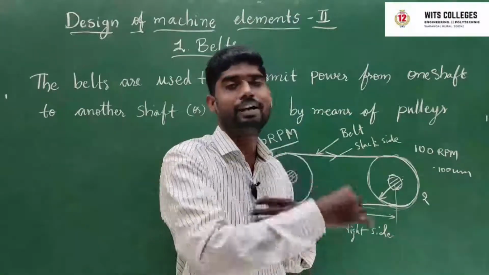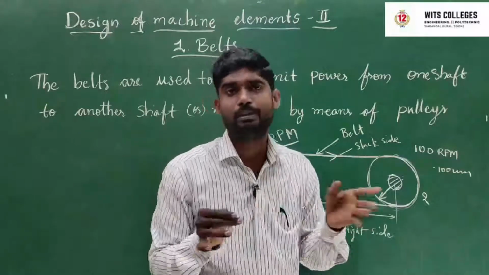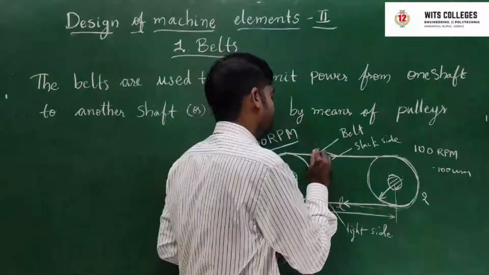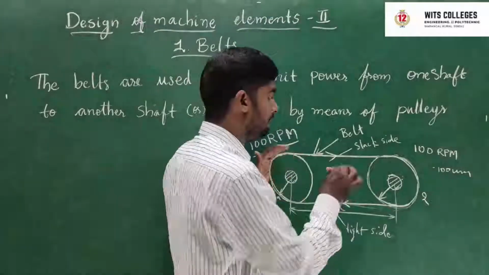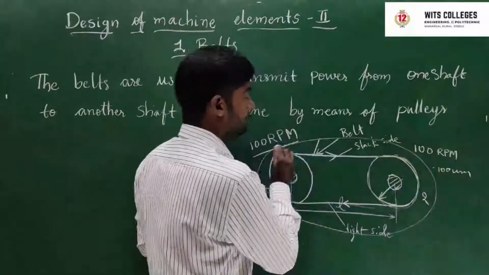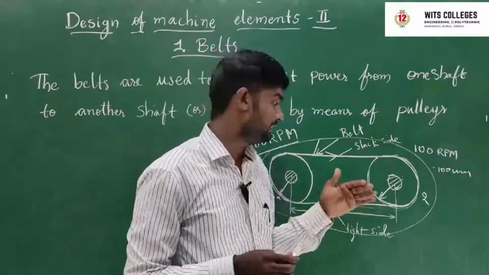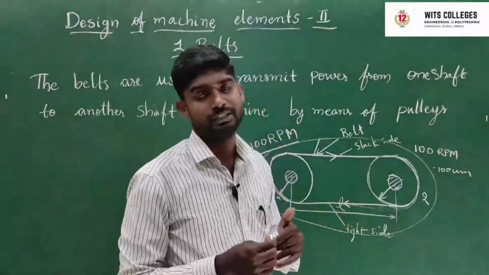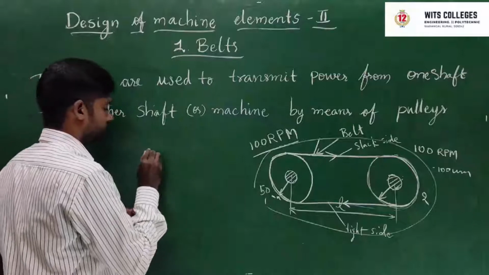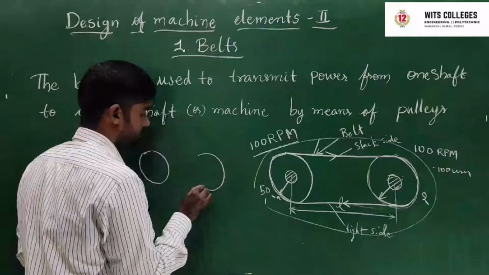Belts are divided into some types. This whole section is a belt drive, and in this belt drive there are two types: open belt and closed belt. This is one pulley, this is another pulley, and these are the centers.